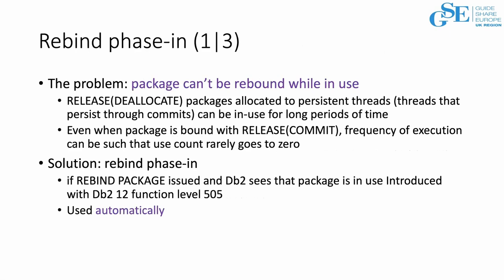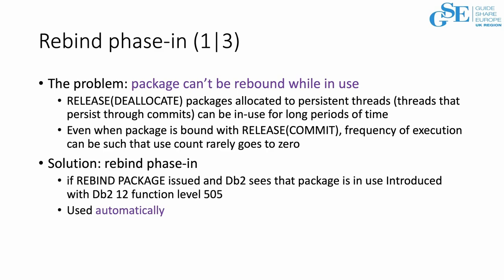Okay, the next feature, rebind phase-in. A package cannot be rebound while in use. So this new rebind phase-in feature helps solve that. A package that is bound with RELEASE(DEALLOCATE) that is allocated for execution to a persistent thread, meaning a thread that will persist through a commit, can be used for a long period of time, for example, a CICS Db2 thread.